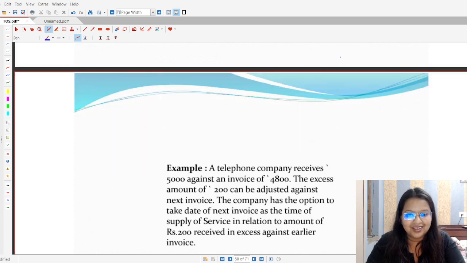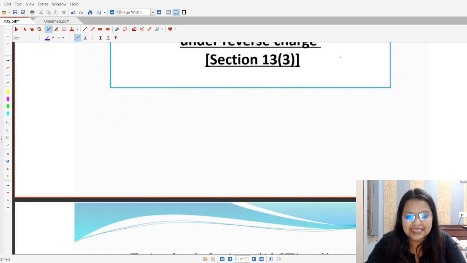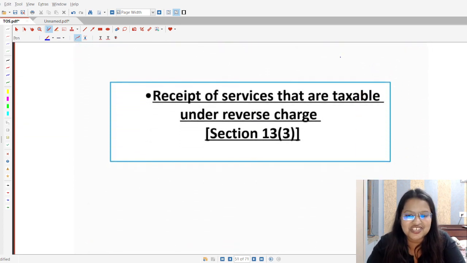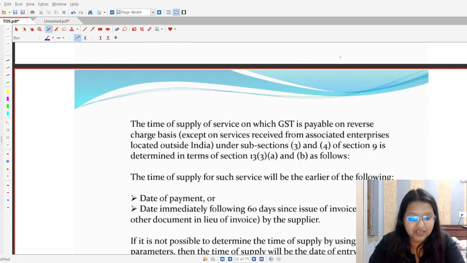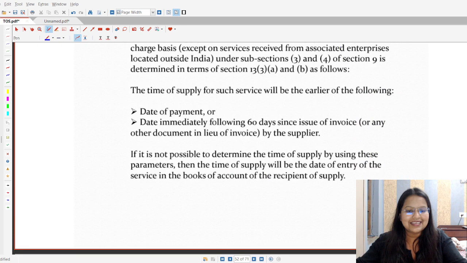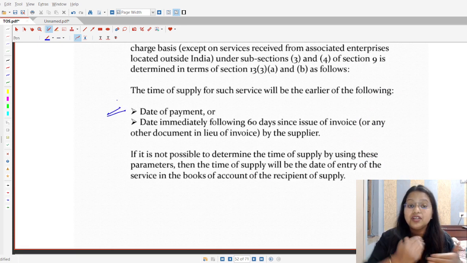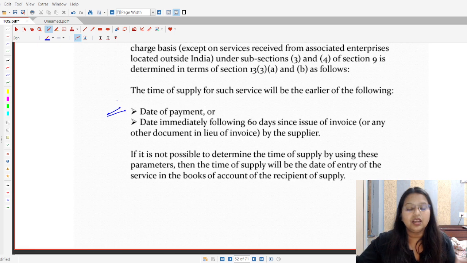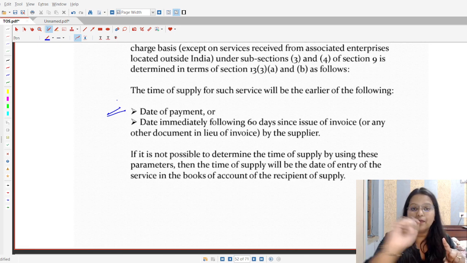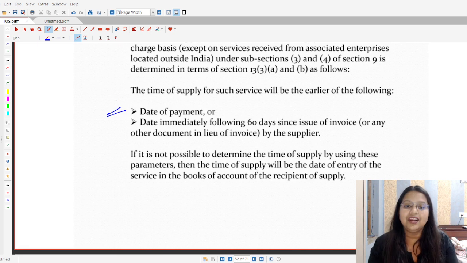Okay, yeah. The next case is section 13 subsection number 3, that is the case of reverse charge. Now students, in the case of reverse charge, there shall be 2 points, that is date of payment. It means as it is a recipient, when the person is making the payment or debiting the books of accounts, it means debiting the bank account or making the entry in his books of accounts, whichever is earlier.